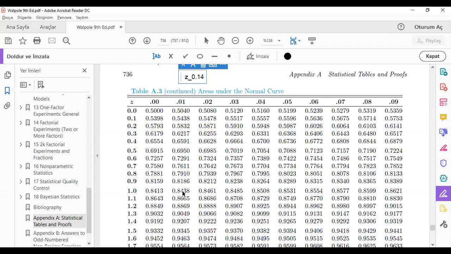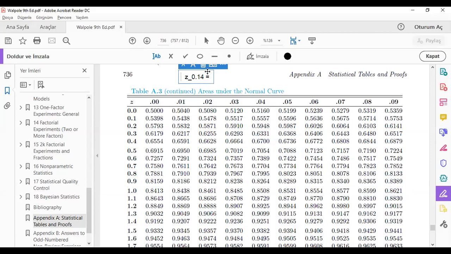0.14. So this is not 0.14, I guess. 1.08. Let me check. 1.08. It's here. So probably this is much better than the first answer, okay? Why? Because this is almost 0.86.